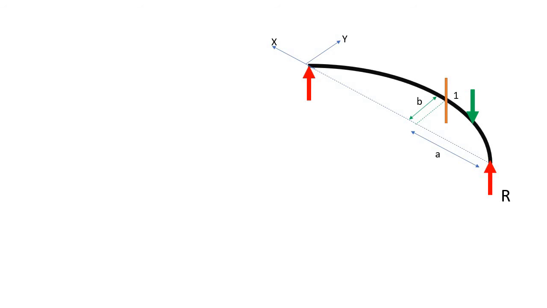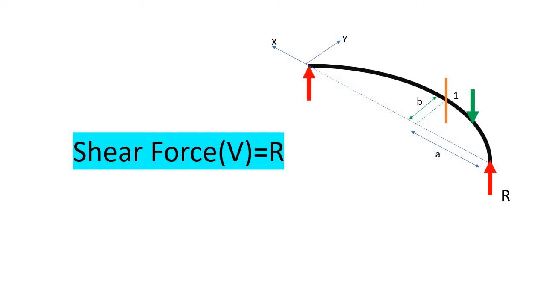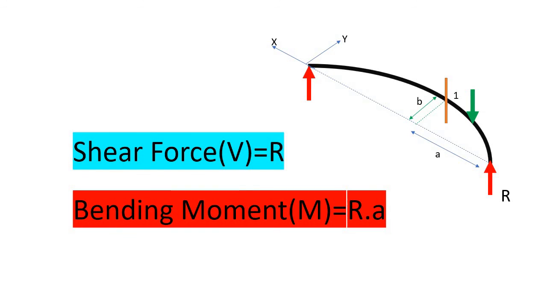To analyze this section, first, the shear force is coming, and the shear force equals the reaction at the right support, that is R. No confusion. And of course, due to this reaction, you will have some bending moment also, that is R times the distance A. So now you have bending moment, that is R times A at section 1.